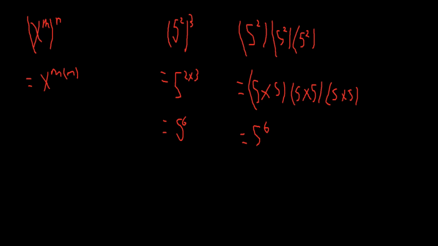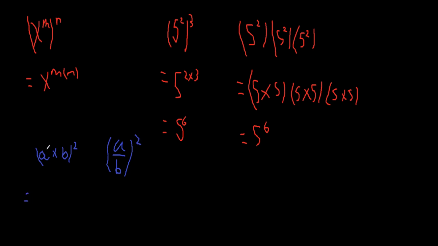So if we look at an example, let's say we use variables and we have a times b, and we square this. And then we also have a divided by b, and we square this.